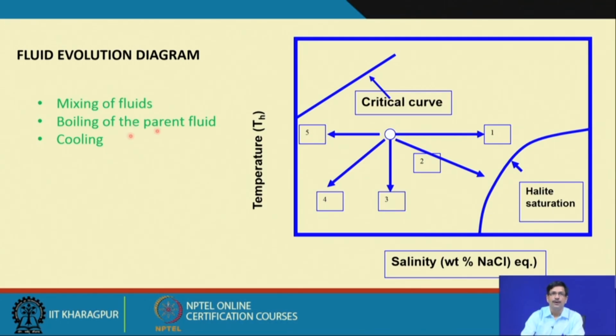So, mixing of fluids, boiling of the parent fluid, and cooling are very important from the mineralization process point of view, and in addition to the characteristics of the ore fluid, it is also very important to know how the fluid actually evolved, because that caused the deposition of the minerals, which we'll continue discussing in the next class.